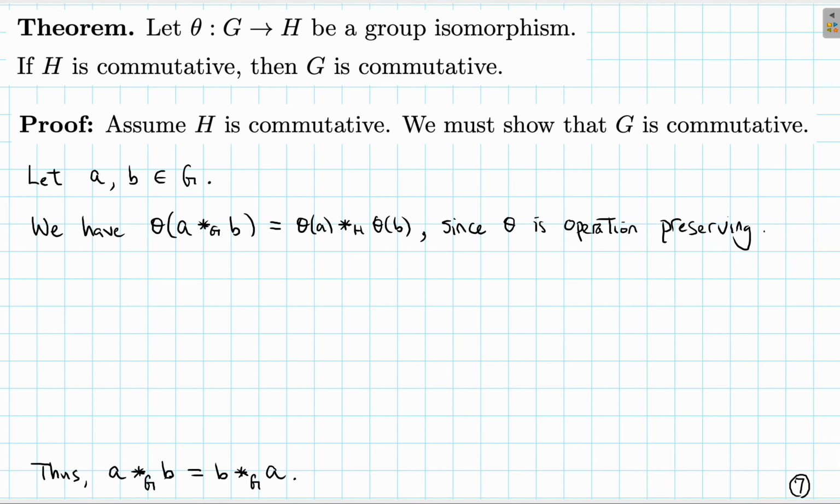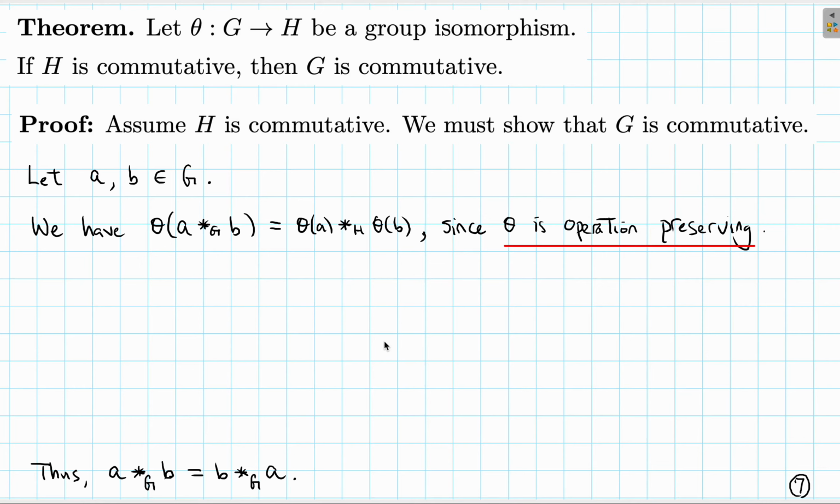Now, just a quick word about this reasoning here. I could have said, since theta is an isomorphism, and that would have been true, but the phrase theta is an isomorphism really packs a lot of information.